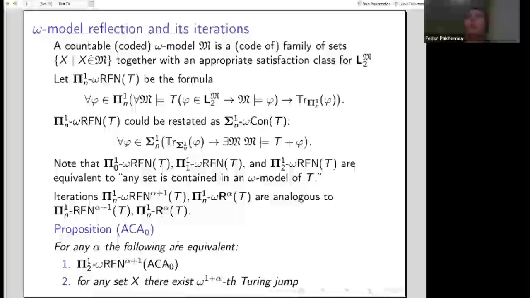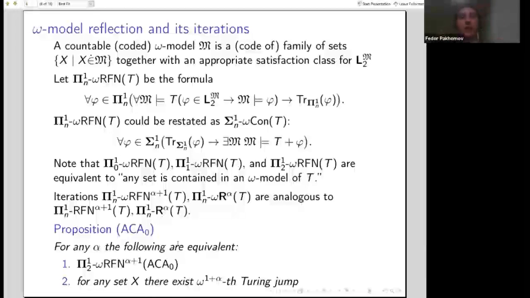What is an omega model? It is a model of second-order arithmetic where natural numbers are standard, and we only manipulate an allowed set of natural numbers. Essentially, an omega model of second-order arithmetic is a family of sets of natural numbers that is the domain of sets within this model.